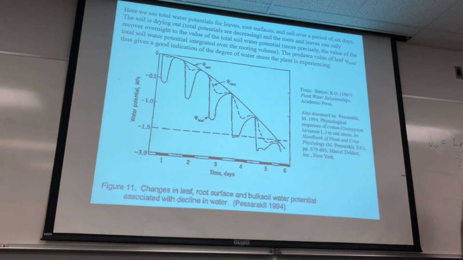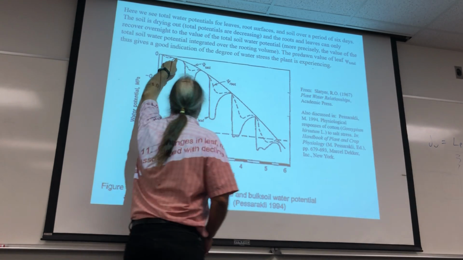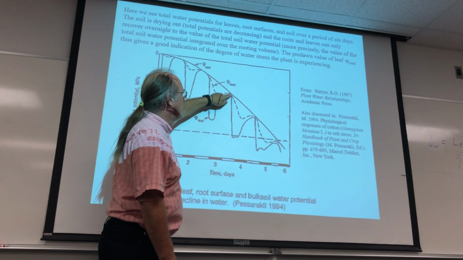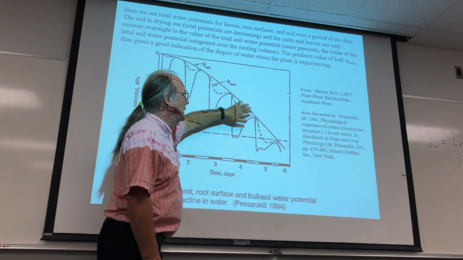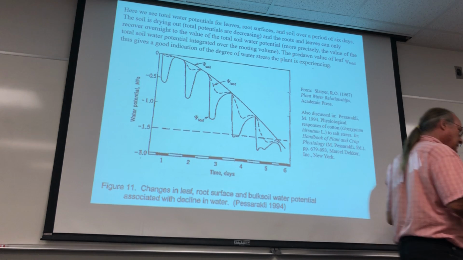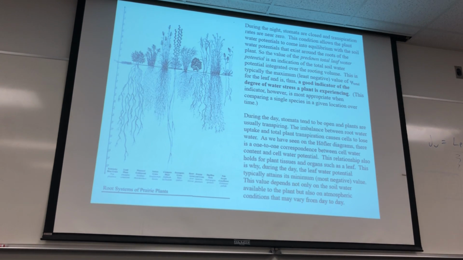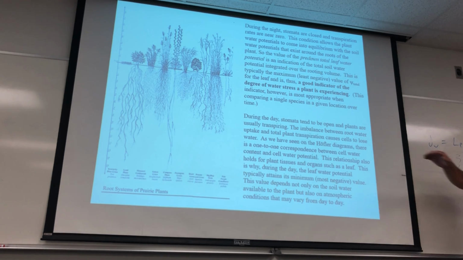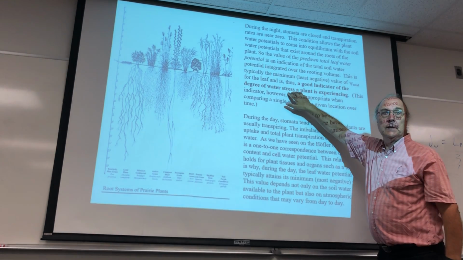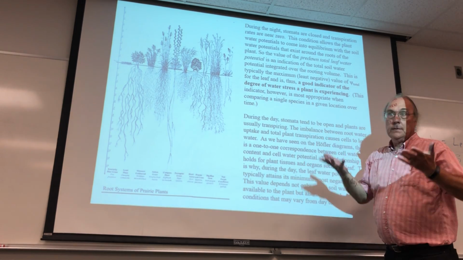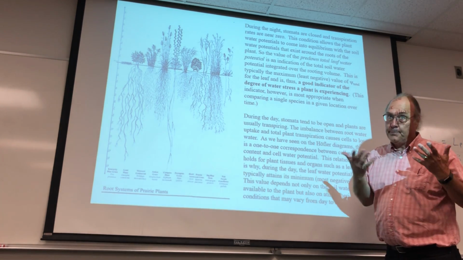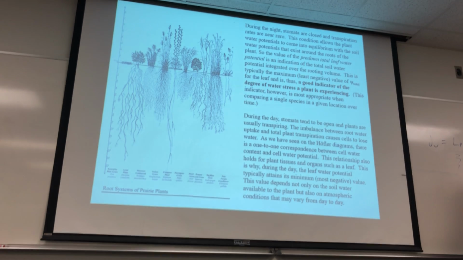Here's the pre-dawn water potential coming into equilibrium with the soil. The reason that I and many other people consider pre-dawn water potential a good indicator of the degree of water stress a plant is experiencing is that, over time, that's as good as it gets for that plant.